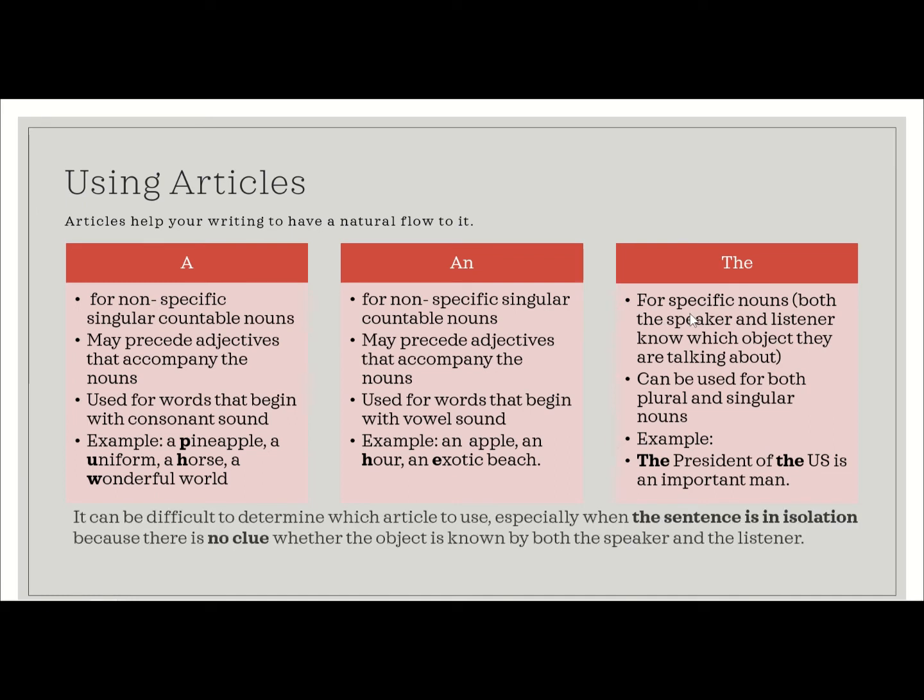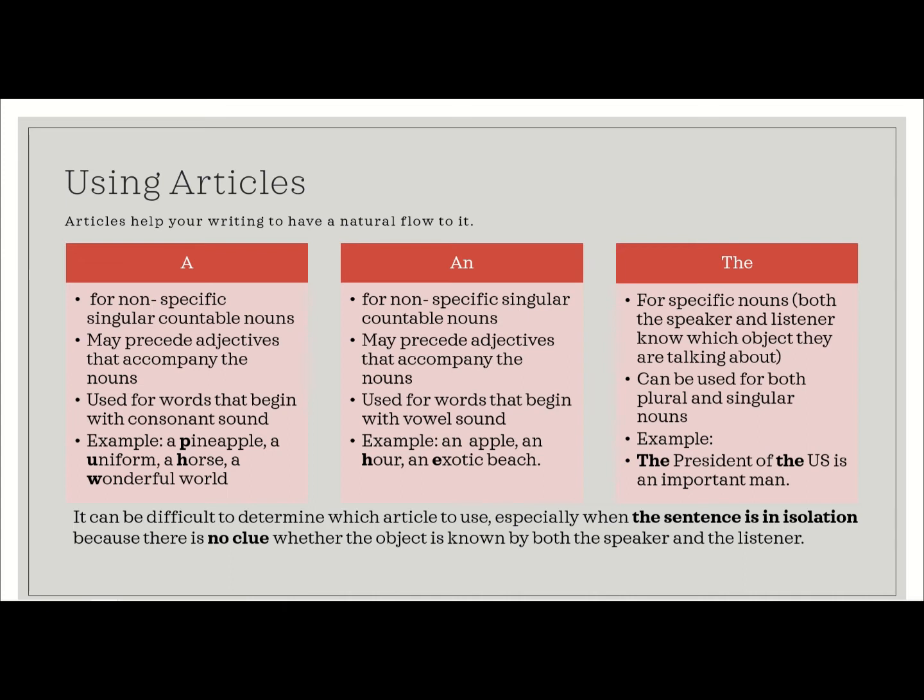Now, sometimes it can be difficult to determine which article to use, particularly when the sentence is in isolation. It means that there is no other sentence preceding the sentence that we are talking about, and there is no clue whether the item that you are mentioning is known by both the speaker and the listener.